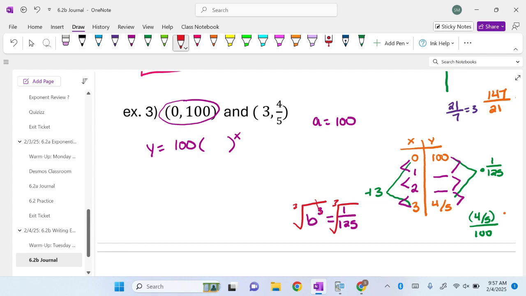So I'm assuming that my b value is going to equal 1/5, meaning over here, I'm going to multiply by 1/5 to go down the line of my table. So we're going to check ourselves and see if we got the correct term. Now, if we multiply a number by 1/5, what's that the same thing as dividing by?